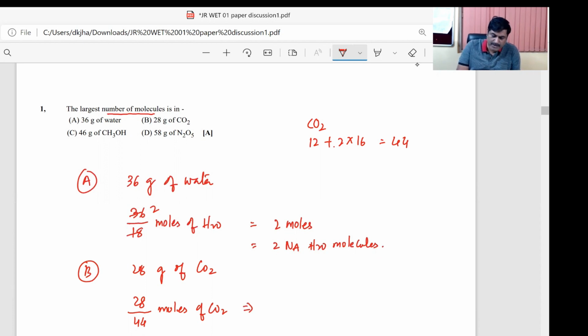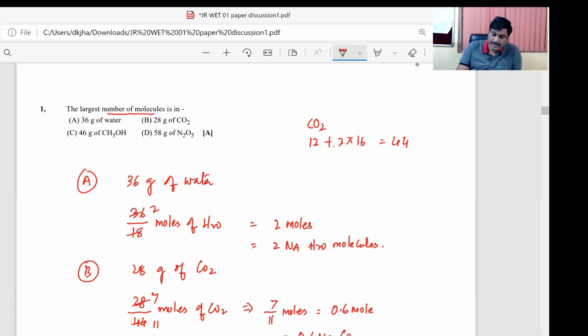Very simple, 28 and 44, divide by 4, 7 by 11 moles. 7 by 11 is almost, 11 sixes are 66, so almost 0.6 mole, or 0.6 Na CO2.